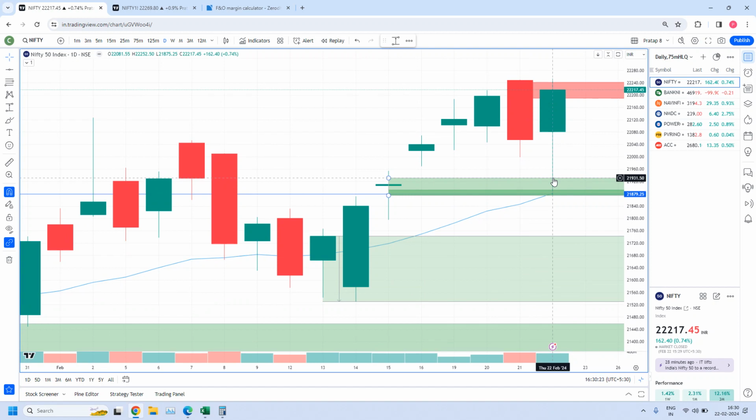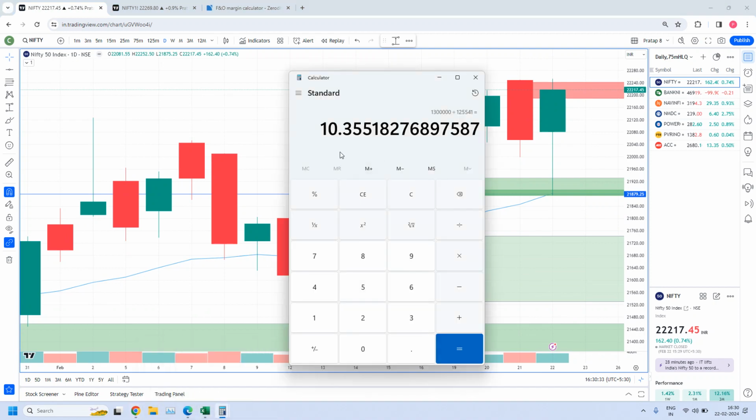Those who learned that strategy would have got 13,000 rupees profit today, which is 10.35% ROI, return on investment, as per the futures margin cost. The futures margin cost is your investment, and on it you got 10.35% profit.